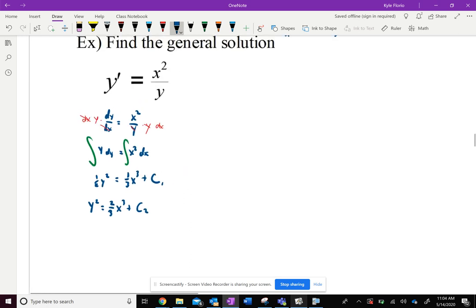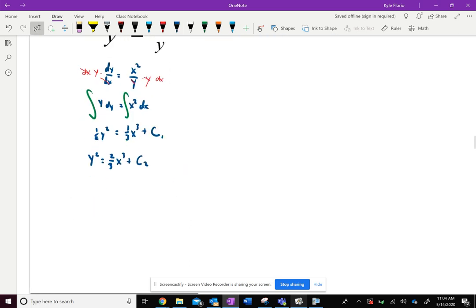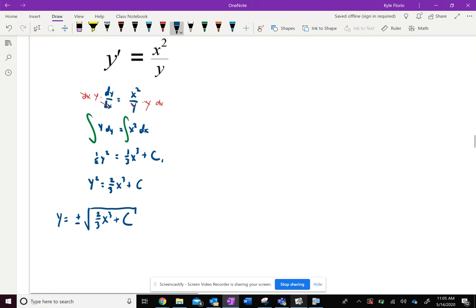And then if I want to get rid of the squaring, I'll just square root both sides. If I square root both sides, I've got to include the plus or minus. Instead of calling that c2, I'm just going to call it c. So y is plus or minus the square root of 2/3 x cubed plus c.